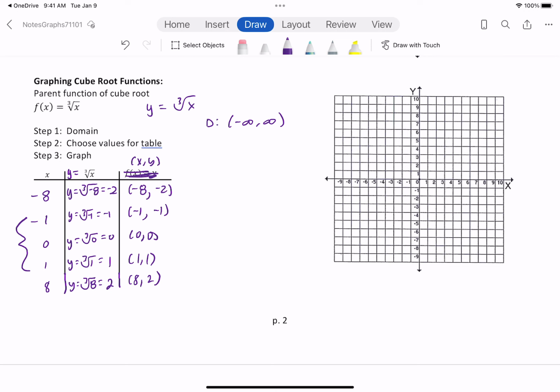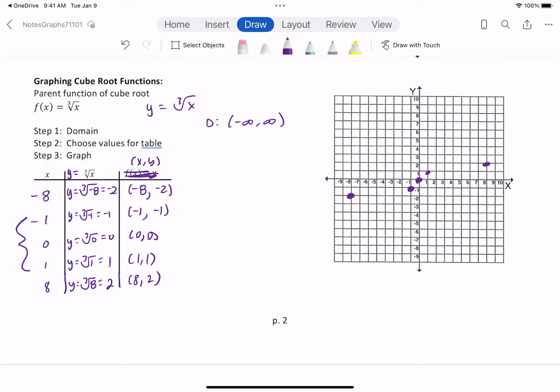So if we graph these, I have (-8, -2), (-1, -1), (0, 0), (1, 1), and (8, 2). So this is what I was talking about. You see those 3 points, -1, 0, and 1, are going to give me the curvature in the middle.